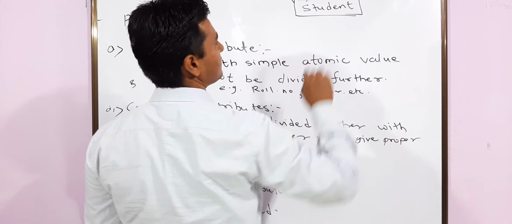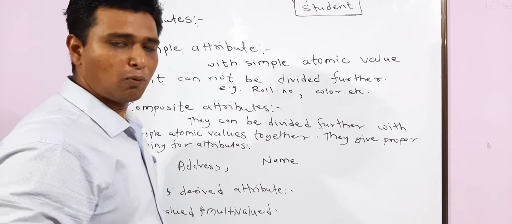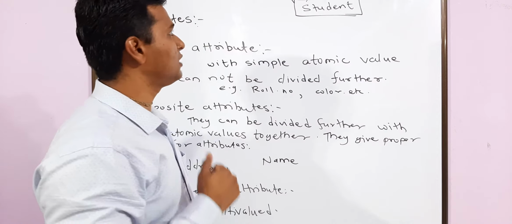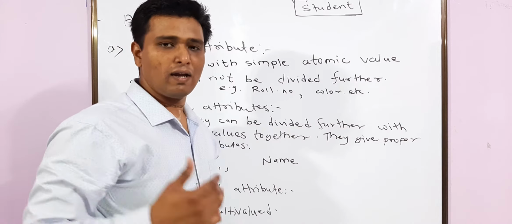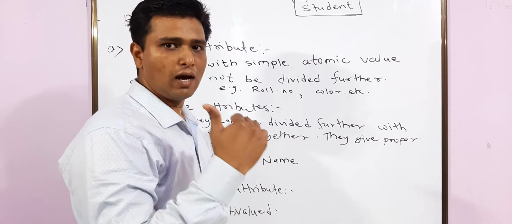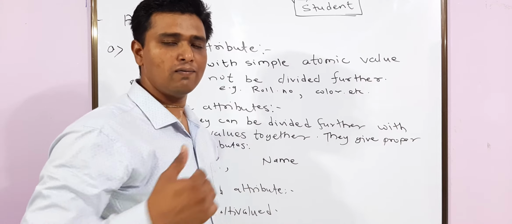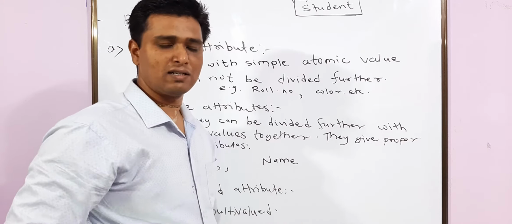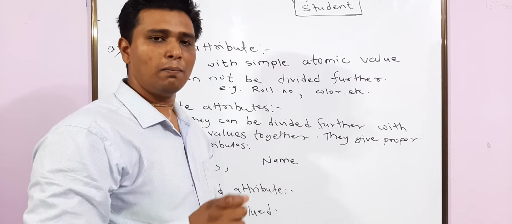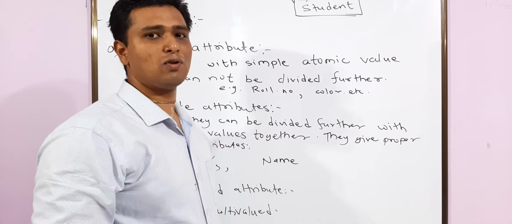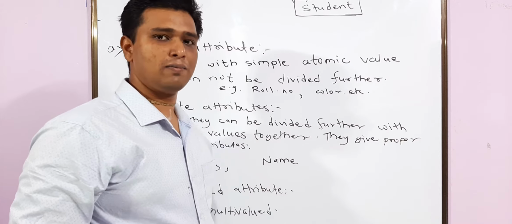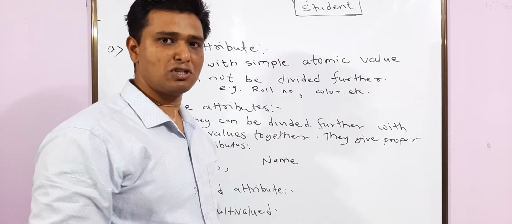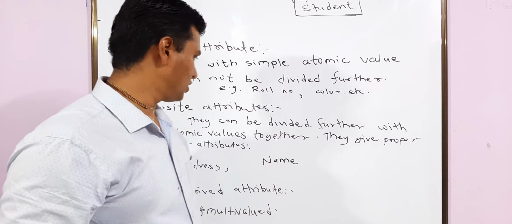First name, middle name, and last name give proper meaning. Another example of a composite attribute is address. We can divide address further into pin code, street, village, city, etc. So we can divide address into multiple attributes, and address is called a composite attribute. We will represent it with a special notation, and I will show you the notations for this.